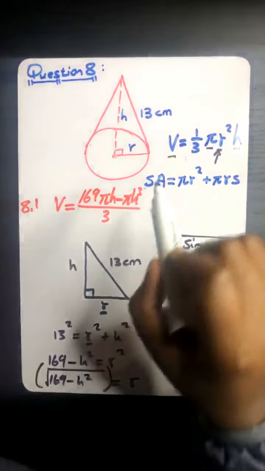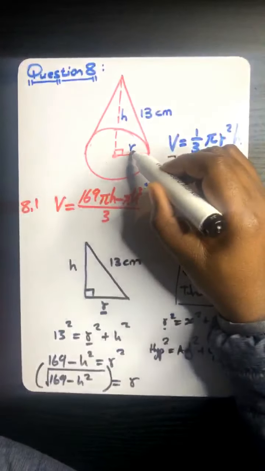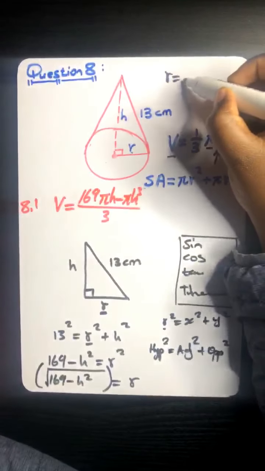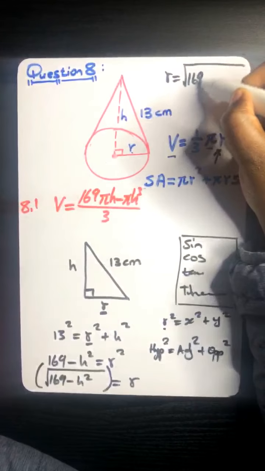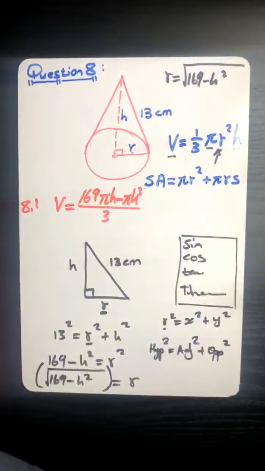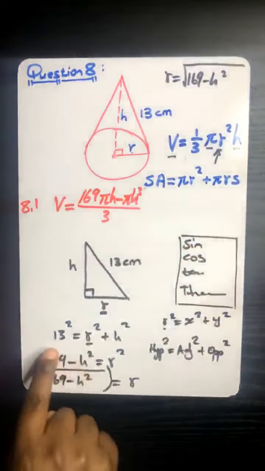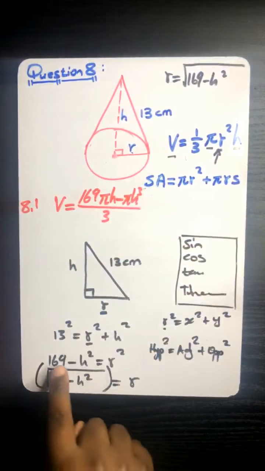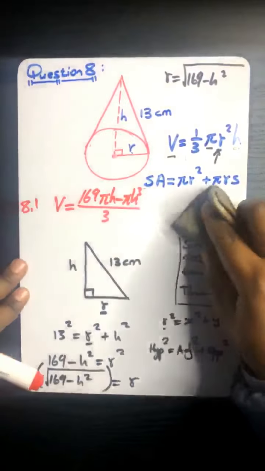That means r is the same as the square root of 169 minus h squared. So this is your starting point. You first write that formula, then you substitute, then you make r the subject of the formula. Then you continue.